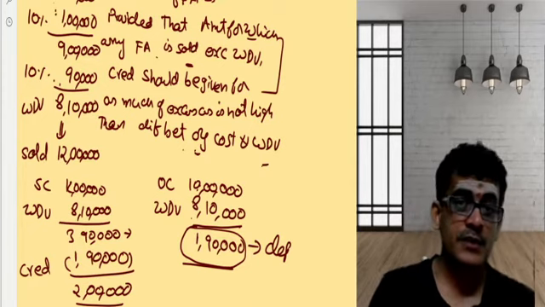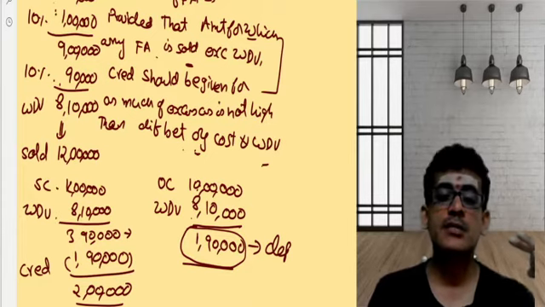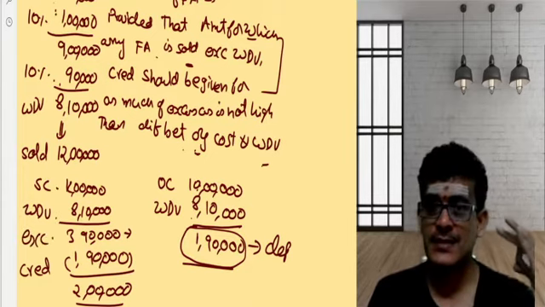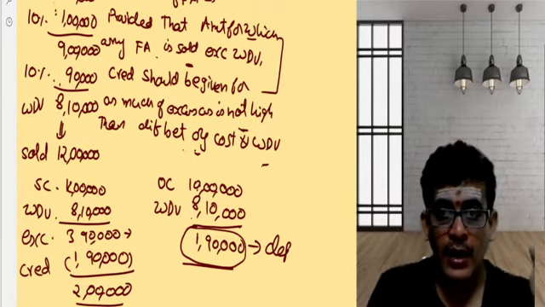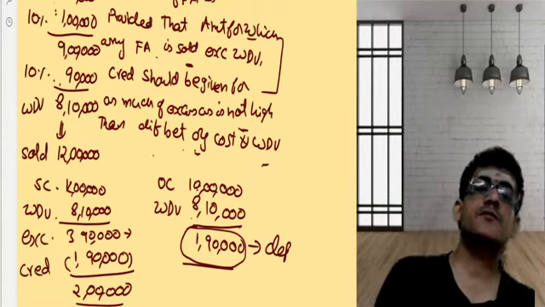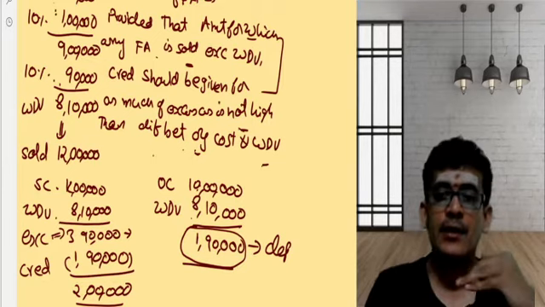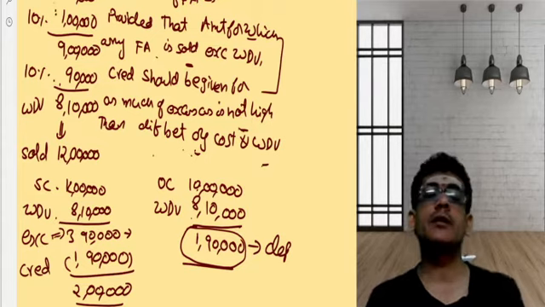Amount for which this fixed asset is sold exceeds the WDV. Fixed asset is sold for 12 lakhs, WDV is 8 lakhs, it is exceeding by 3,90,000. This is what is called the excess. Credit should be given for as much of such excess, that means 3,90,000, and what it says is, not exceeding the difference between original cost and WDV.